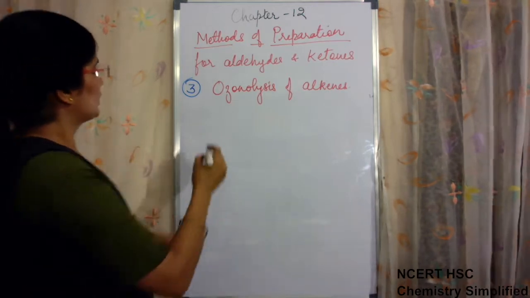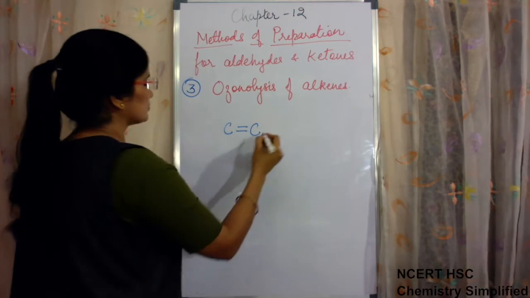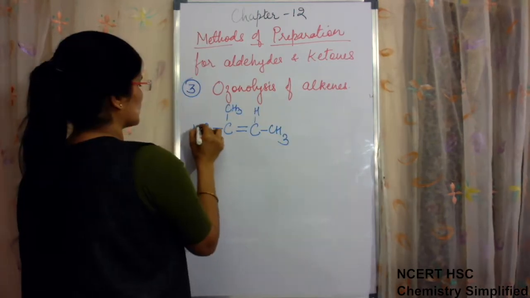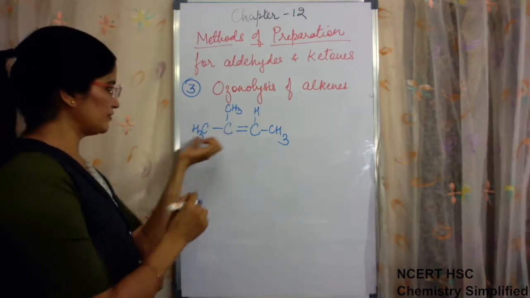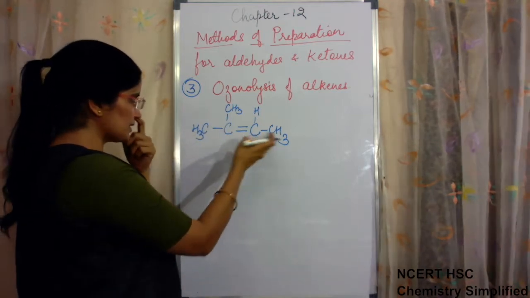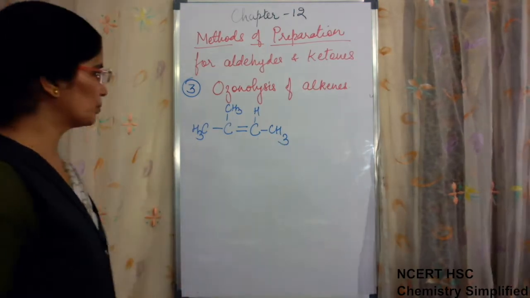Now we'll take an alkene, C double bond C. On this side of the double bond we have taken a 2 degree carbon atom with CH3. On this side we have taken a 1 degree carbon atom having one methyl.